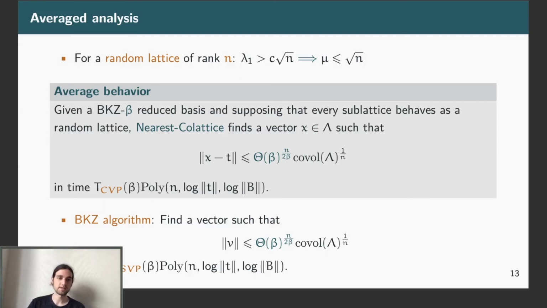And we can see here that we somehow retrieve the rule of thumb I told you earlier, because we need to first reduce the whole basis by BKZ beta in order to set up the blocks and to have sufficient restriction on them to be able to prove things on the covering radiuses.